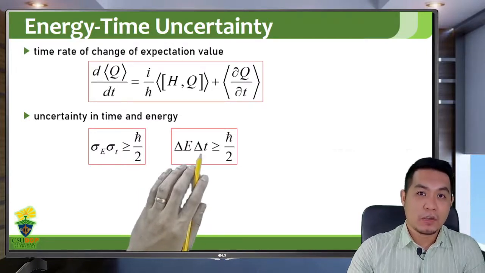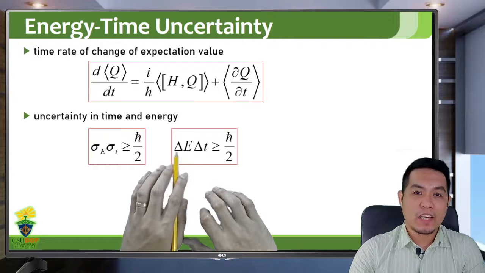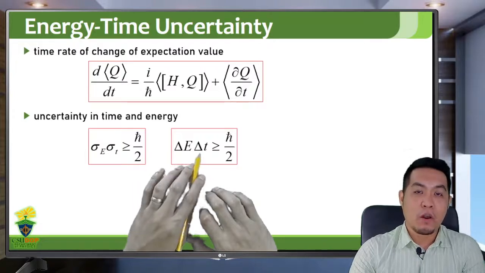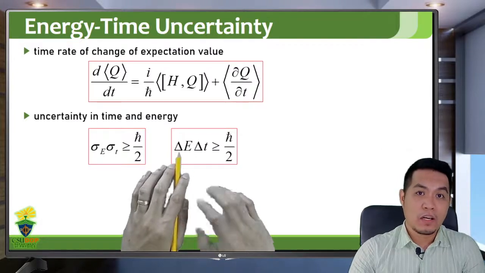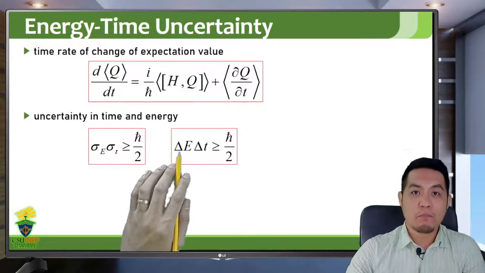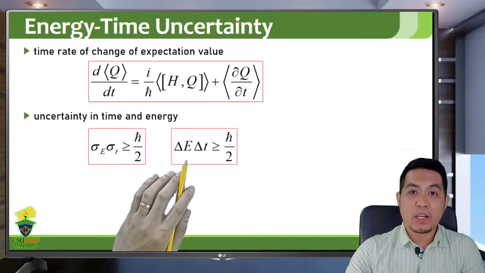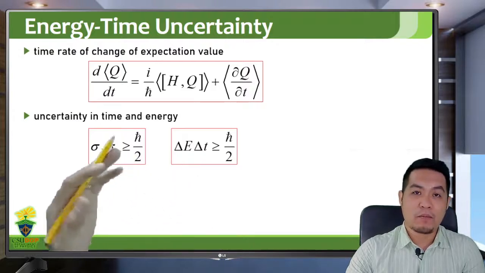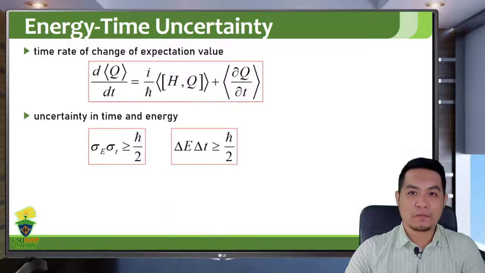Short time means uncertain energy. Long time, so a large change in time, will result in a small uncertainty, or an accurate measurement of the energy. Actually this is very much applicable in particle physics, when particle physicists measure the energy of a particle.